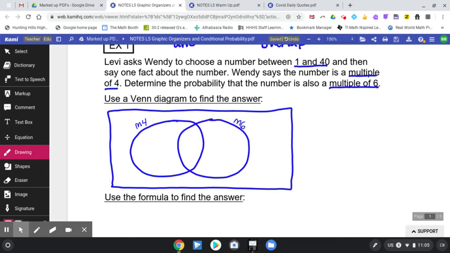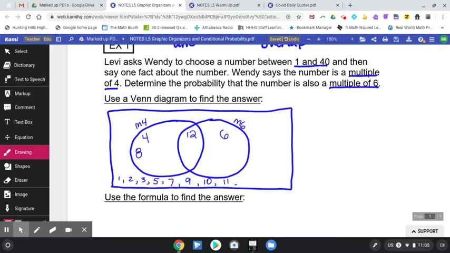All right, number 1 is not either. Number 2 is neither. 3 is neither. 4 is a multiple of 4. 5 is neither. 6 is a multiple of 6. 7 is neither. 8 is a multiple of 4. 9 is neither. 10 is neither. 11 is neither. 12 is both.